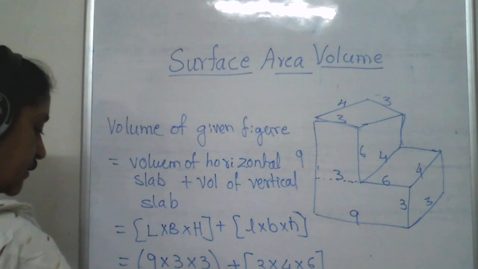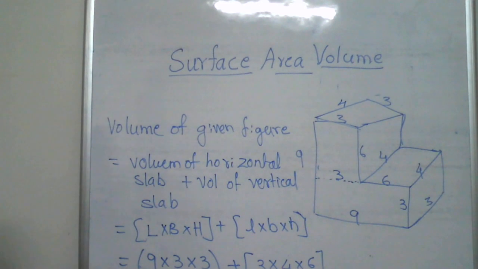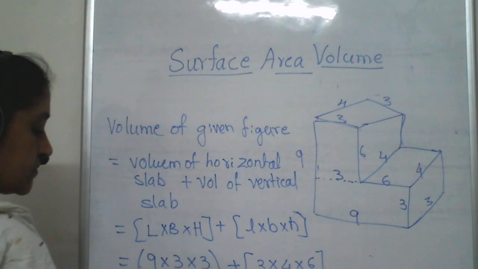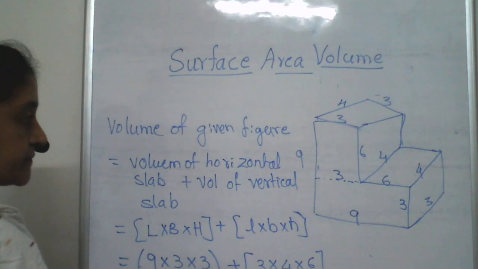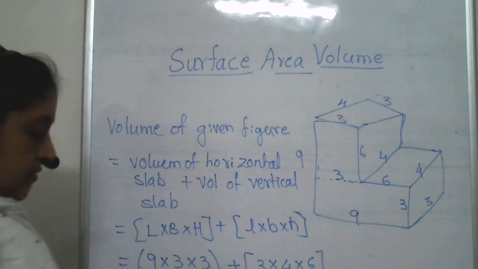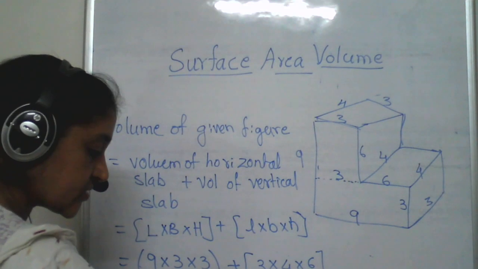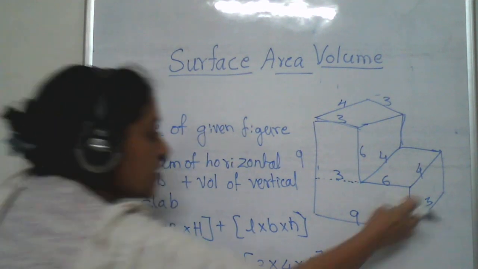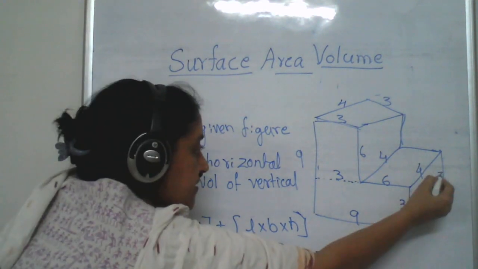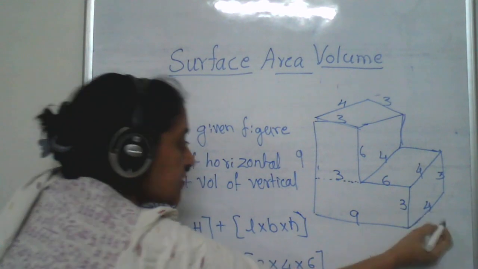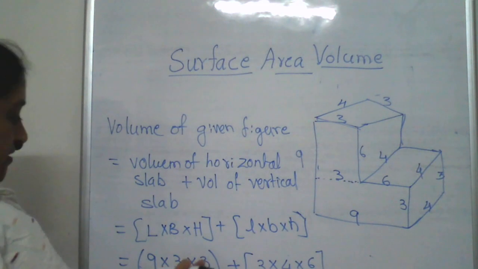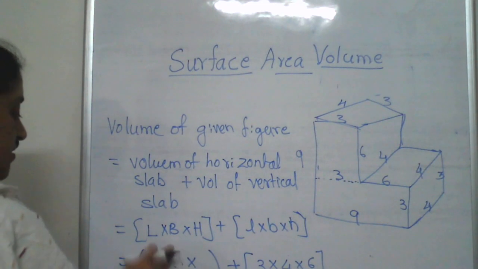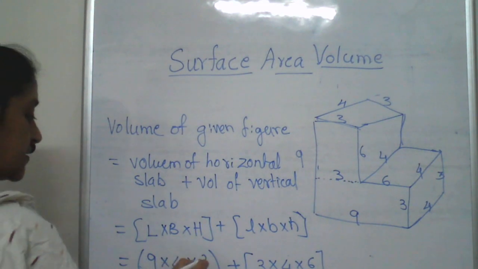Now calculating it, hope the diagram is correct. Okay, no, over here it is not 3, here it is 3. I'm sorry for this. Here it is 4. So 4 centimeter is the breadth. Here I have to change the breadth as 4 and this as 3.